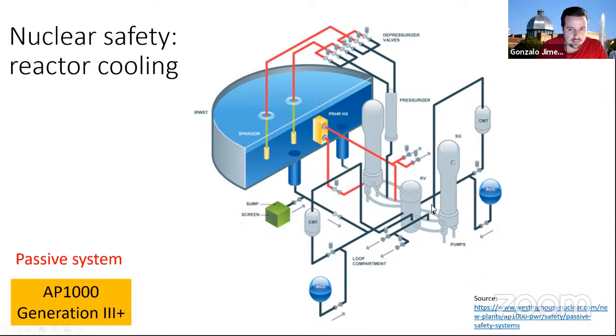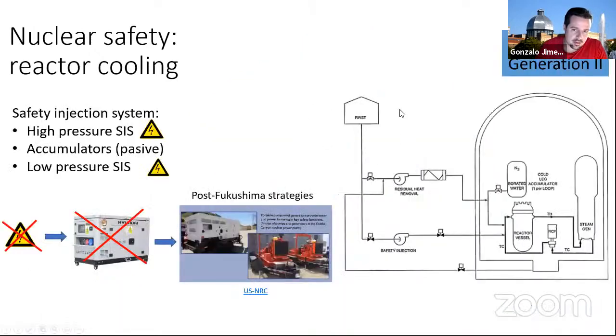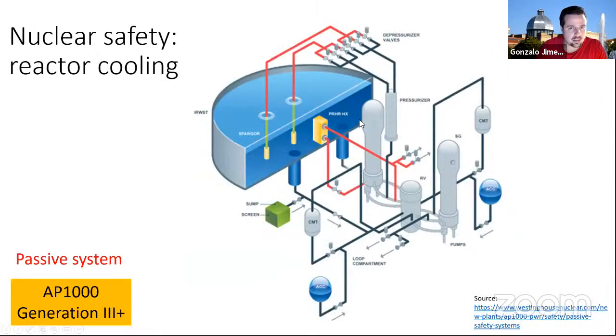It's just gravity. We also have the accumulators, like in the previous generation 2 designs. And we have the tank which was outside in the generation 2 reactor; we have it inside the containment. It's located at a higher elevation than the vessel, so it can also work passively, without anything more than opening a valve and injecting when the pressure of the vessel is low enough.